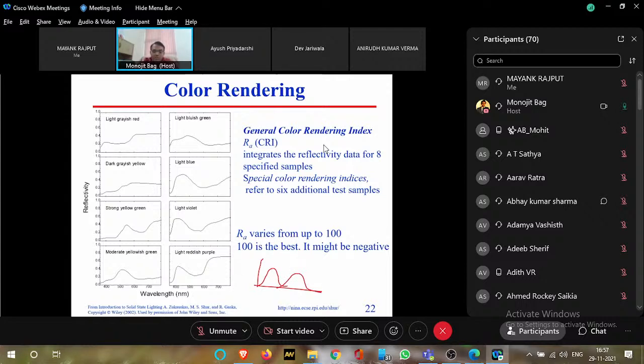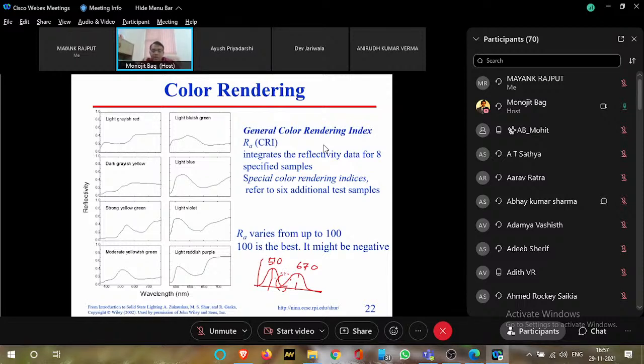Maybe this is your 510 cyan color, and this is somewhere like a reddish color, like 670 or something like that, and the green region is not there. So if I have any object which is somewhere here, this source will not be able to reflect that, because the object will not reflect any color from this part, because there is no color itself.